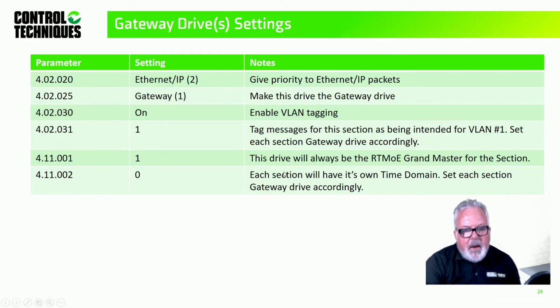And we can also have what's called a time domain. Again, it's clocks, it's time, it's synchronization. So there are multiple time domains that this drive could be a part of. Well, I'm going to say that this drive is going to use time domain 0.